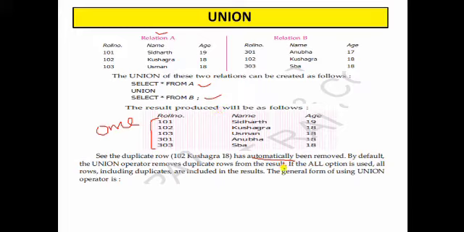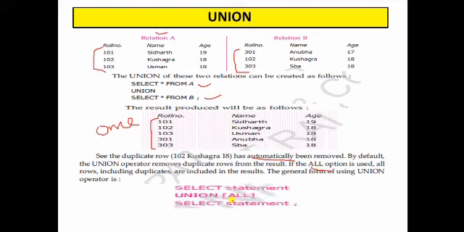But if you want the duplicate rows, that is, all the three from here and all the three from here, to be shown twice, then you will use ALL along with the union. When you write ALL, then 1 0 2, which is duplicate in relation A and relation B, will appear twice.